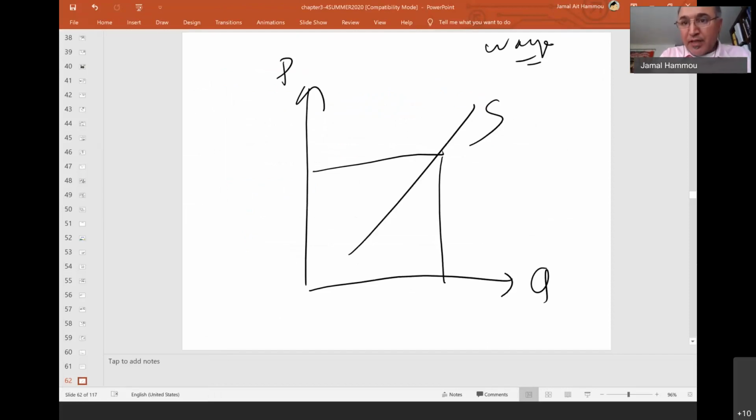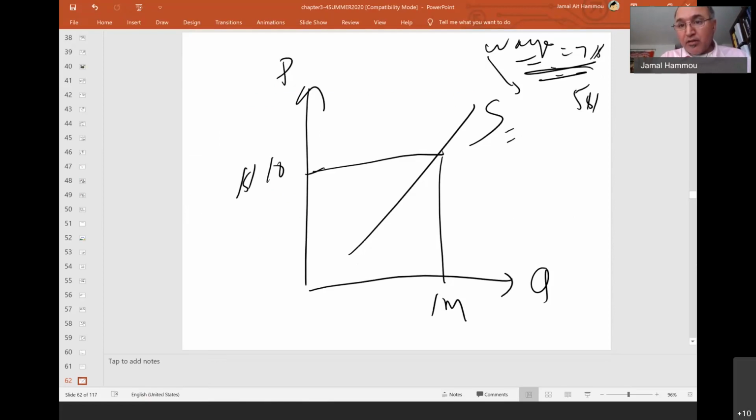Let's say I pay $7 for my workers. Based on this salary, I define that the price of the good I'm producing is $10, and I'm willing to produce 1 million units. But what happens if the wages go down to $5? Now the cost of production goes down, which means I'm making more profit, and I will be able to produce more.